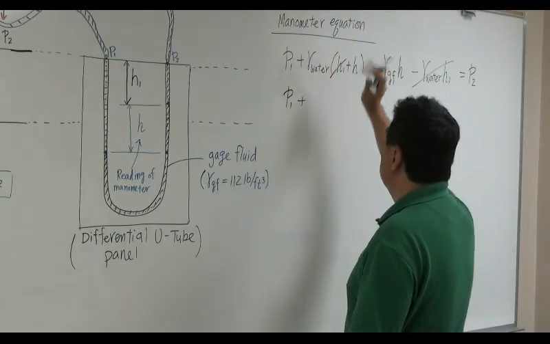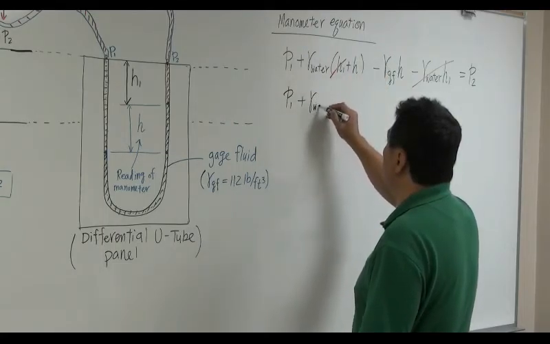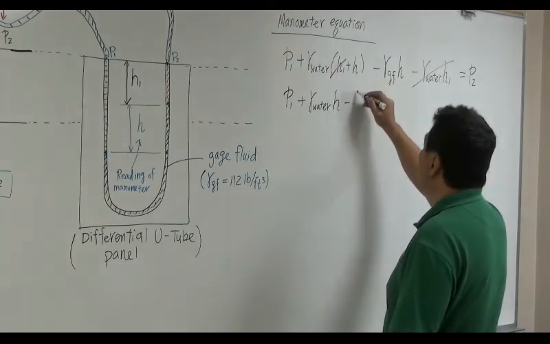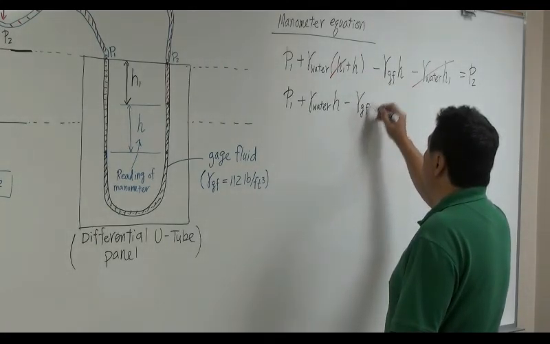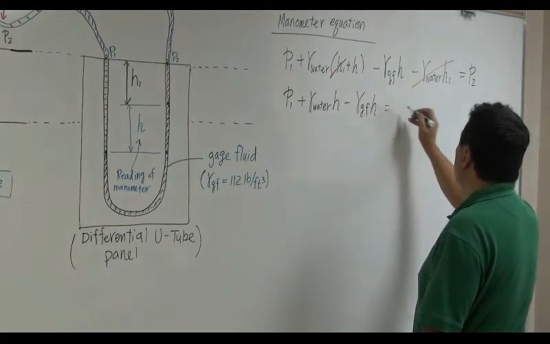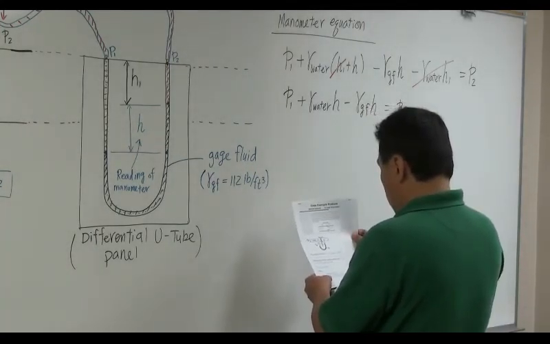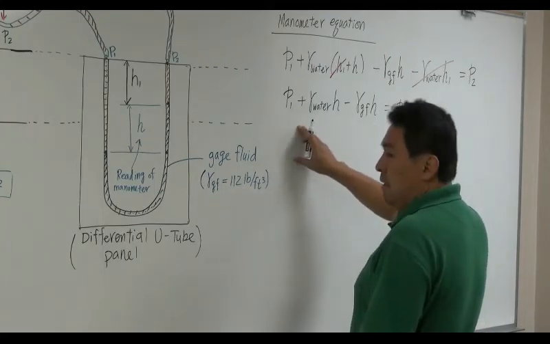P1 plus, this is gone, gamma water times H minus gamma GF times H is equal to P2. Okay? Well, we do know P1 minus P2.